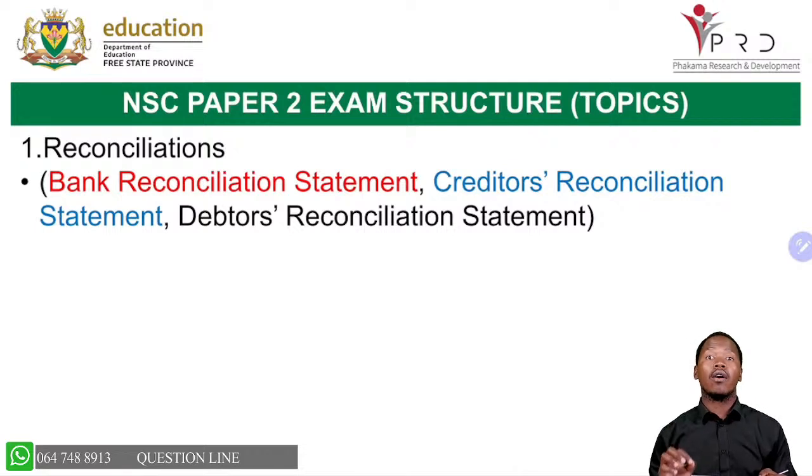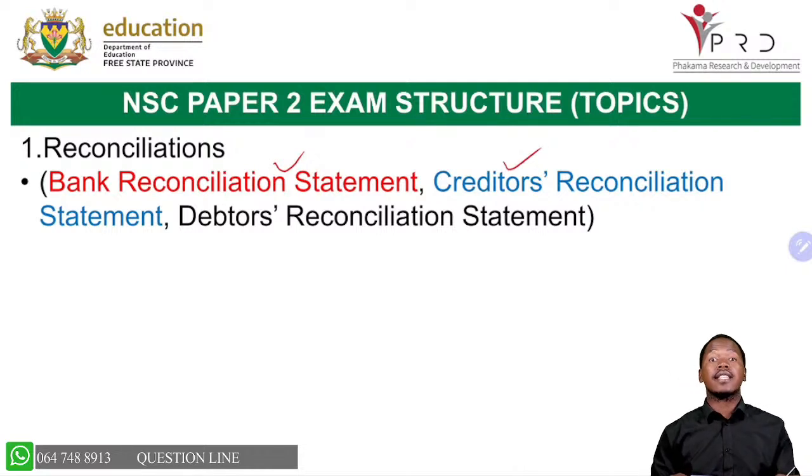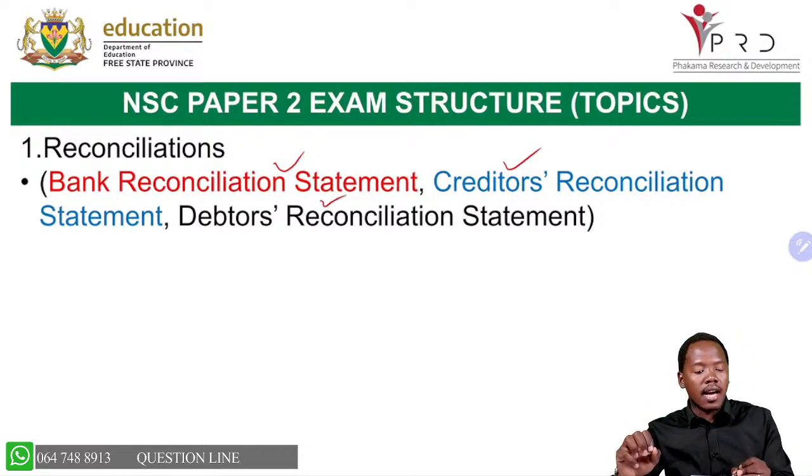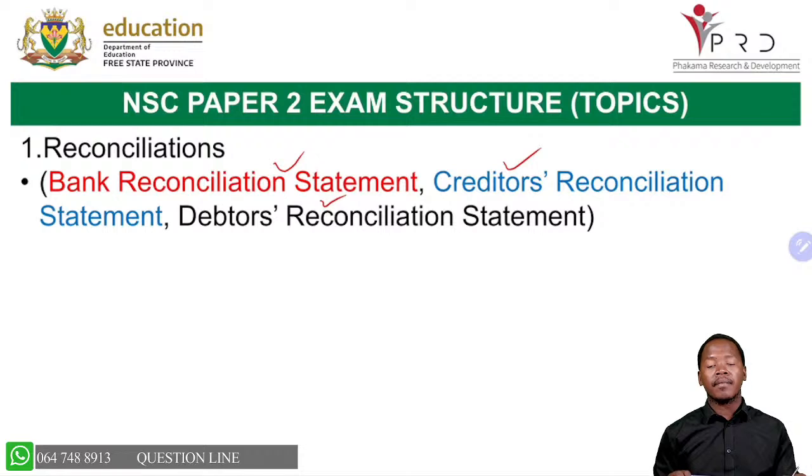You need to be able to answer questions on a bank reconciliation, that is the BRS. You should be able to answer questions on the creditors reconciliation statement, that is CRS. You should also be able to answer questions, calculate or prepare the debtors reconciliation statement, that is DRS. That is our first topic that we expect to see in our paper 2.